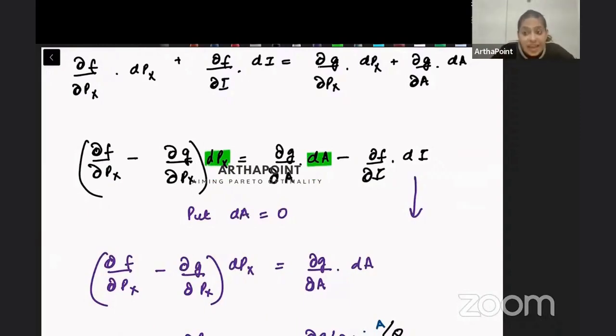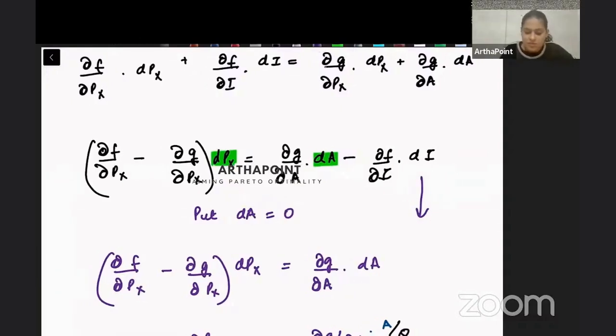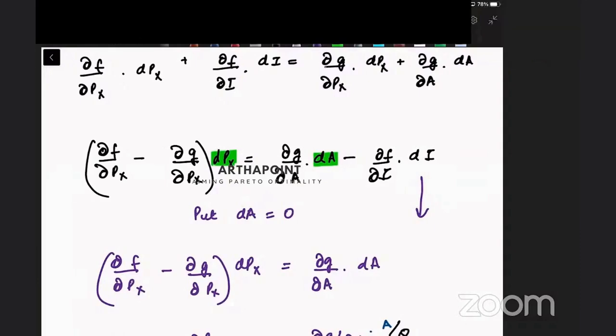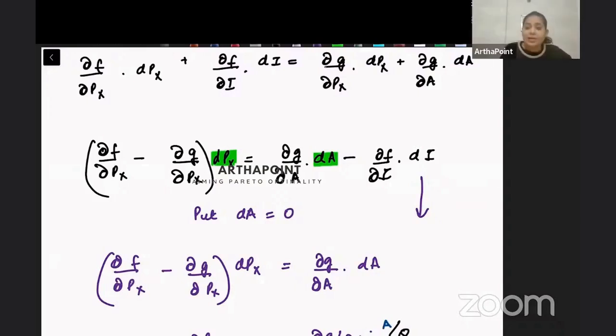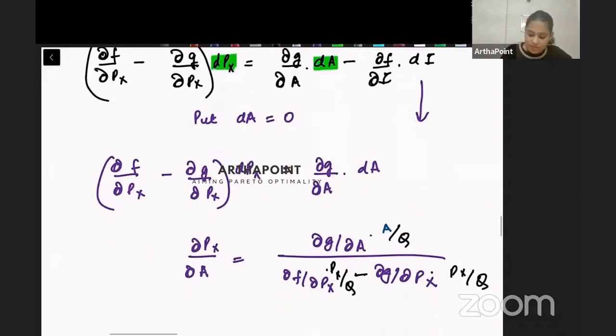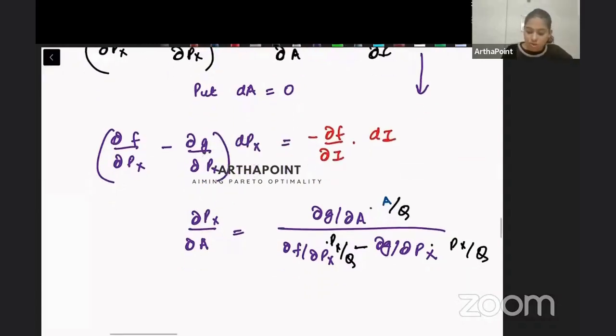If I put dA equal to 0, what will I get in the numerator? I will get minus del F by del I dI, because I'm putting dA equal to 0. And here in the numerator, I will get minus del F by del I, and A is replaced by I, because it is with respect to I, with respect to income.